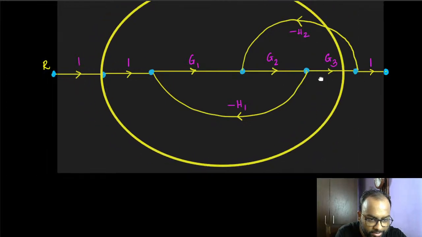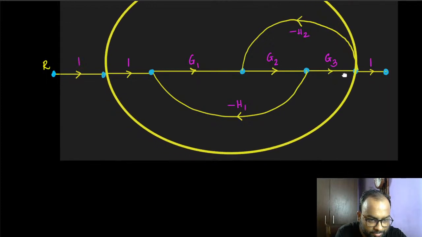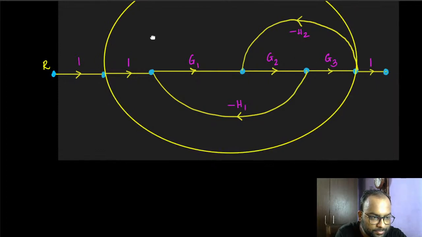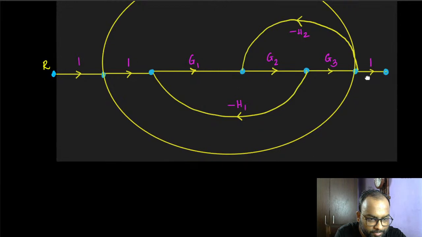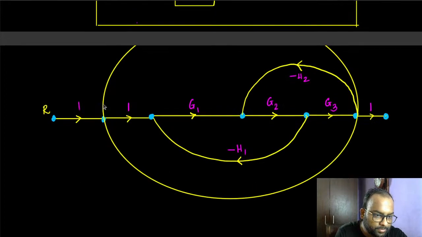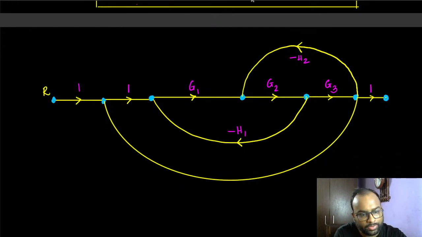Don't worry about it. All right, so that is the connection here, and that has a gain of -1.